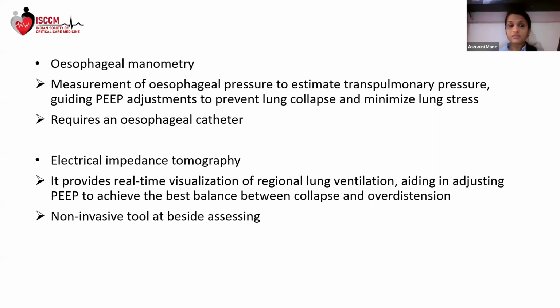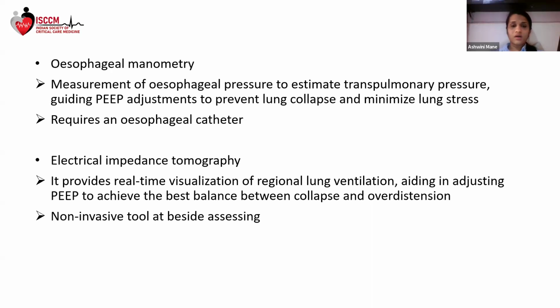And the next method is electrical impedance tomography. It is a non-invasive technique. So how are we doing that? We are applying the electrodes from the second intercostal space to the fourth intercostal space of the patient. One electrode will be the reference electrode, which will be sending current to the other electrodes. It will create the impedance and it will display the images on the screen.